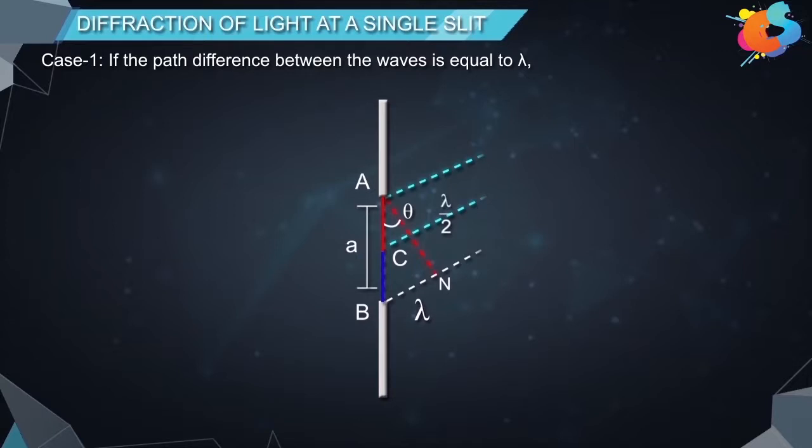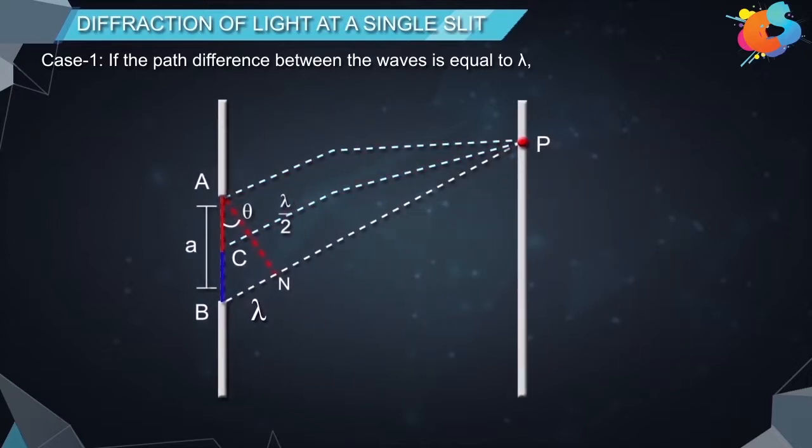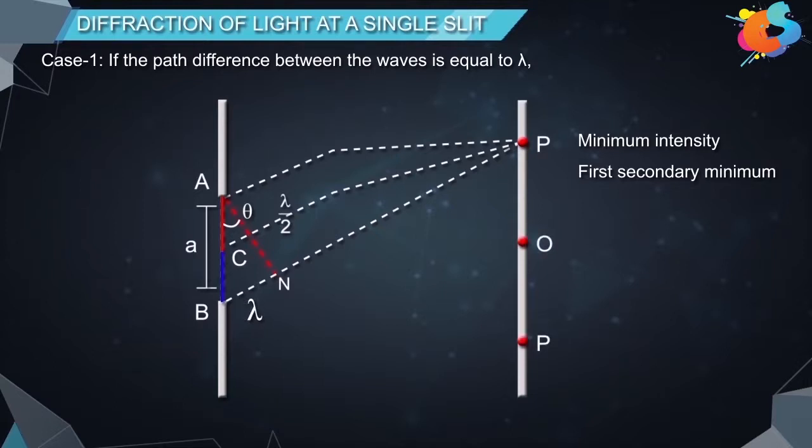Due to path difference of lambda by 2, these two waves will interfere destructively at point P. Overall, point P will be of minimum intensity and it is called first secondary minimum, and it is formed on either side of the central maximum.